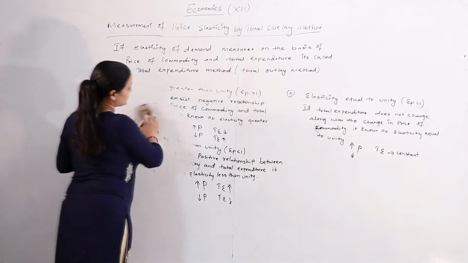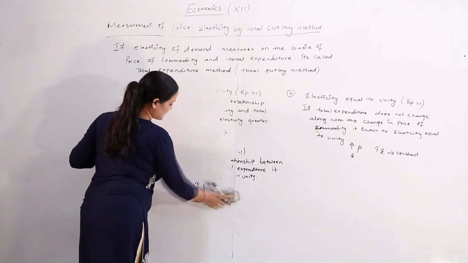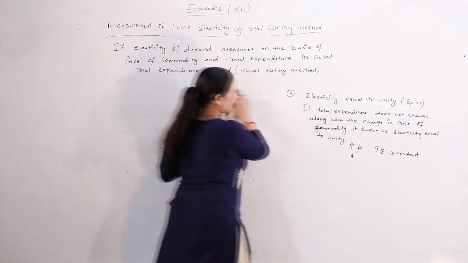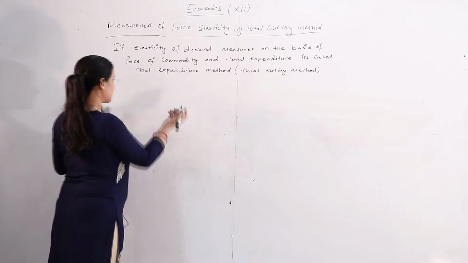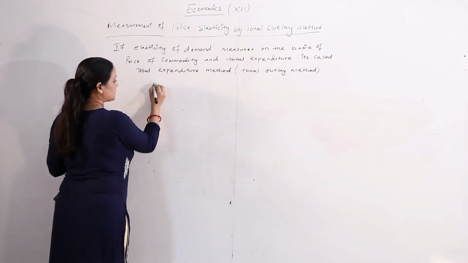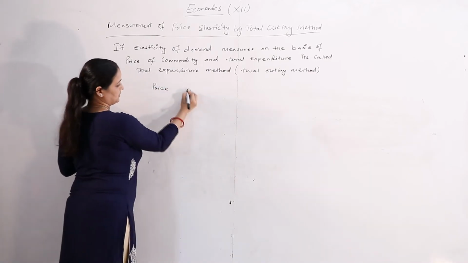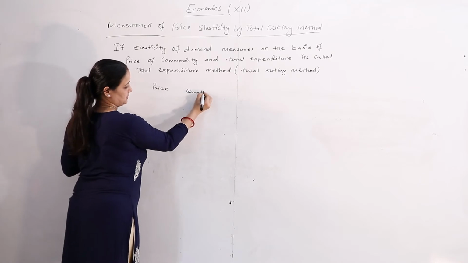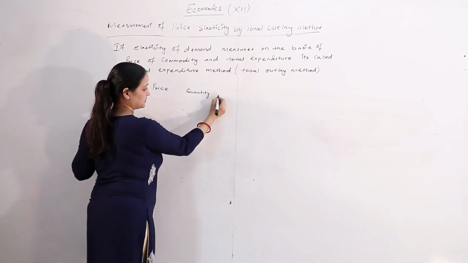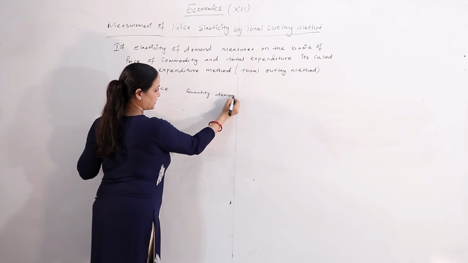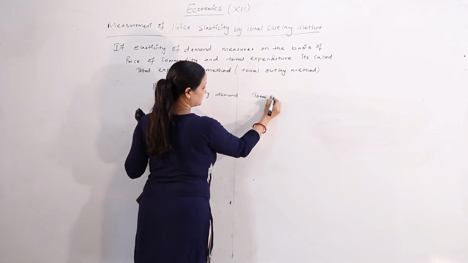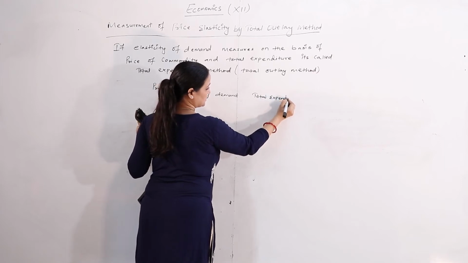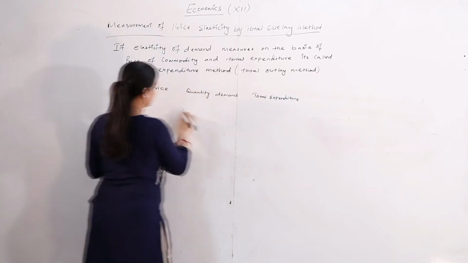Now this method we also explain with the help of a figure. But first of all, we take one table that shows the price, quantity demand, and total expenditure.